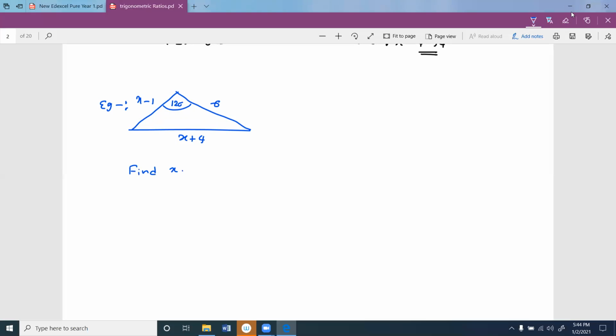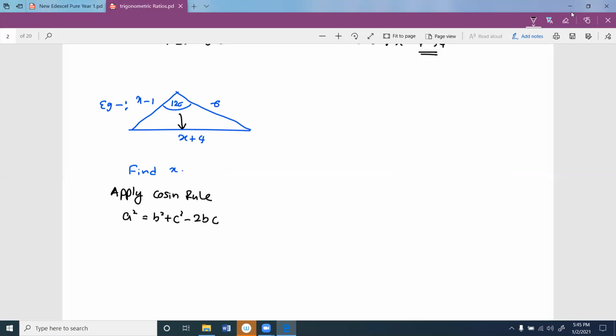So simply what you can understand is you can use the cosine rule. So with that you can say, now you have to understand that this is the angle.